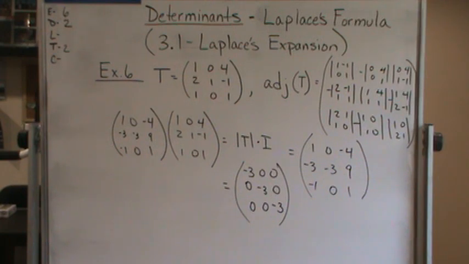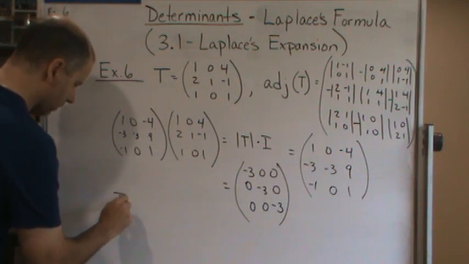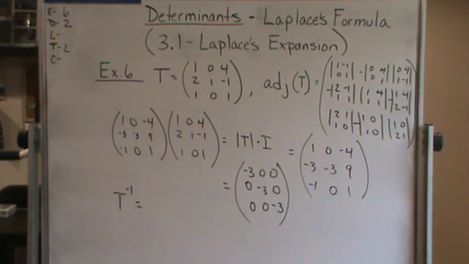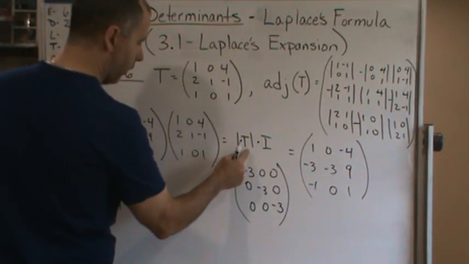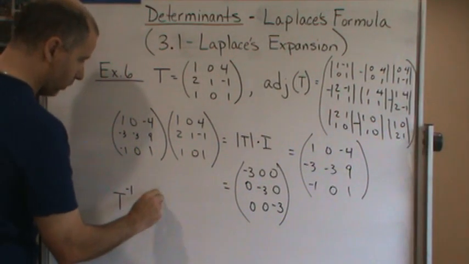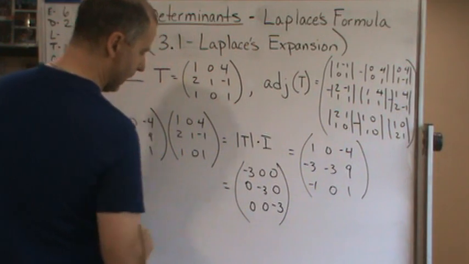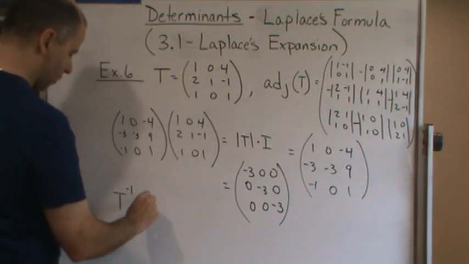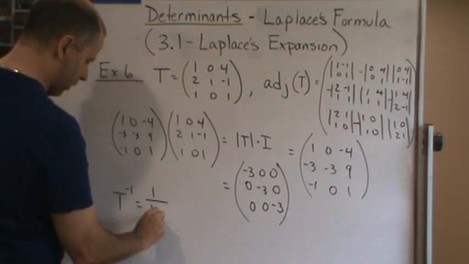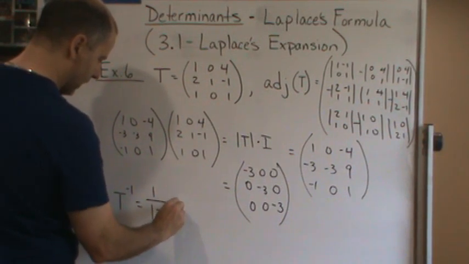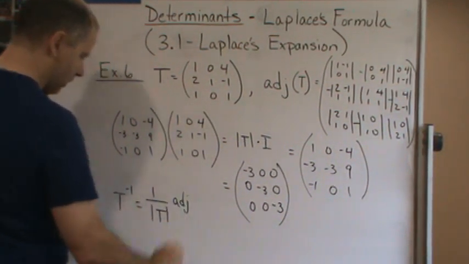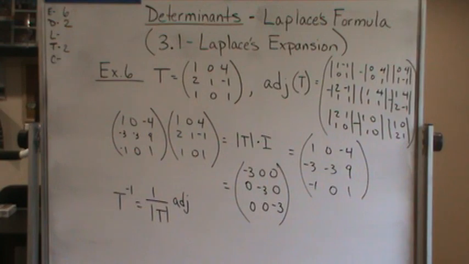So now, guess what? The inverse of t is going to be equal to what? Now we can apply the formula. It's going to be 1 over the determinant of t, which now we know is going to be negative 3 because we can see that in the diagonals, times the adjoint of t.